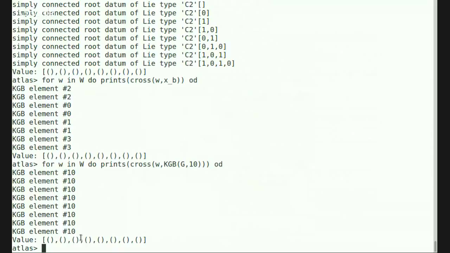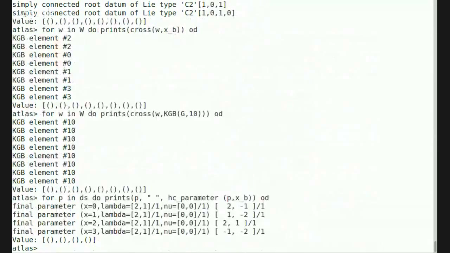So let's look at another example. Let's see. Well, one thing is, let's go back, so back here, let's do this command again. So this is showing me the 4 discrete series, and this is in the coordinates that I'm familiar with.